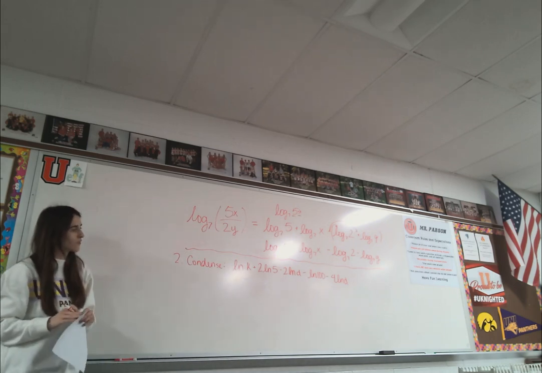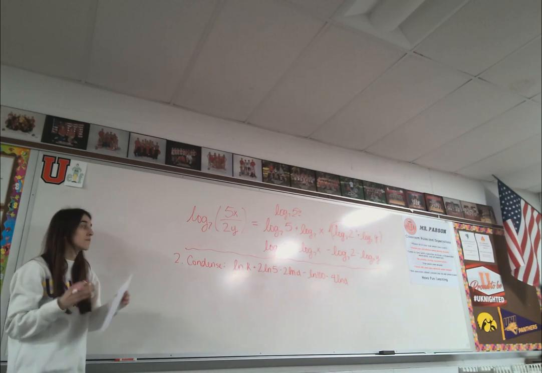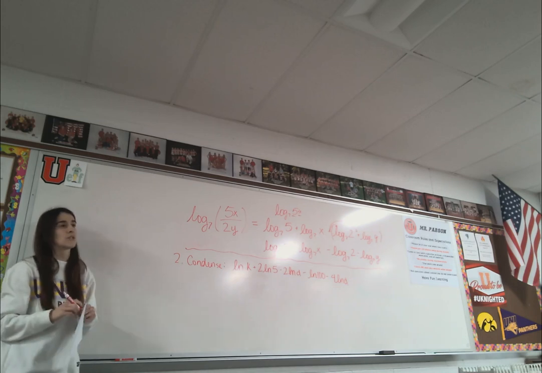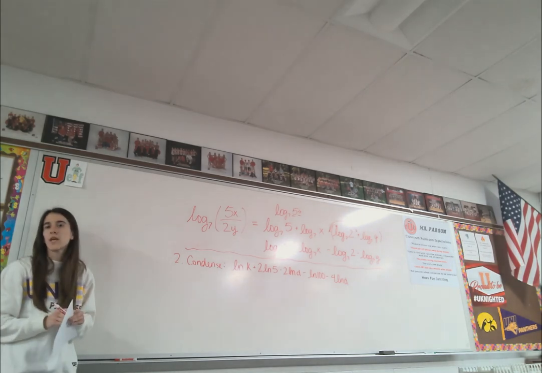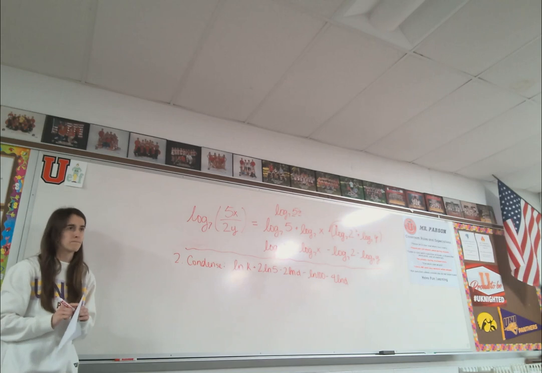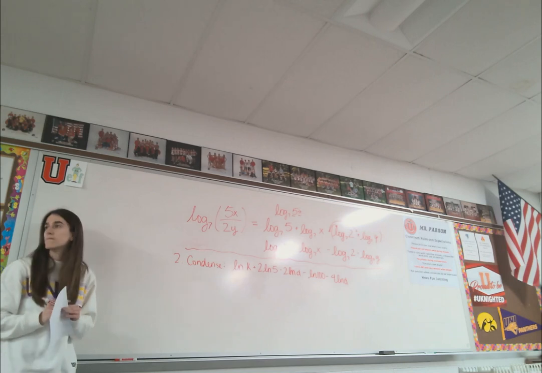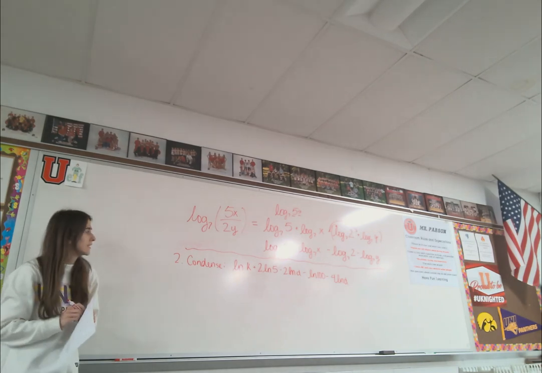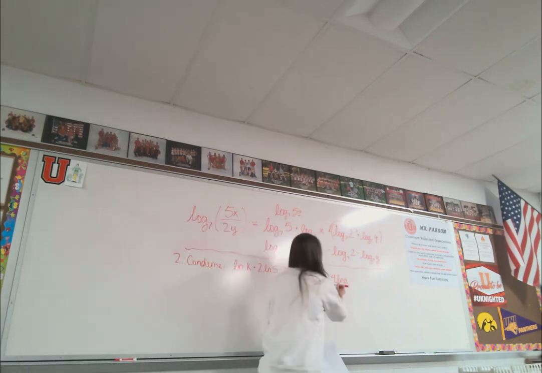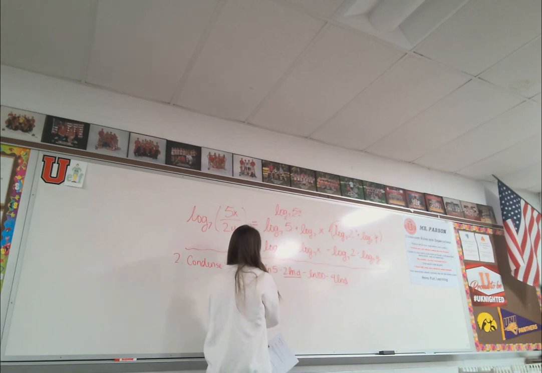So, what's the first step that you guys want to take? I would personally start with the power property, that really important property that we talked about earlier. Okay, so which terms can we apply that power property to? The 2 ln 5 and the 2 ln d. Yeah, and probably this 4 ln d, right? These are the ones Braden's talking about.